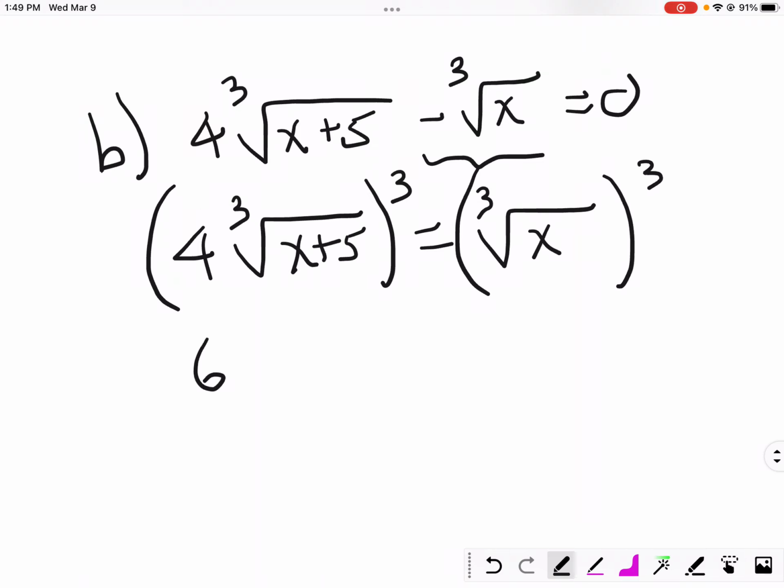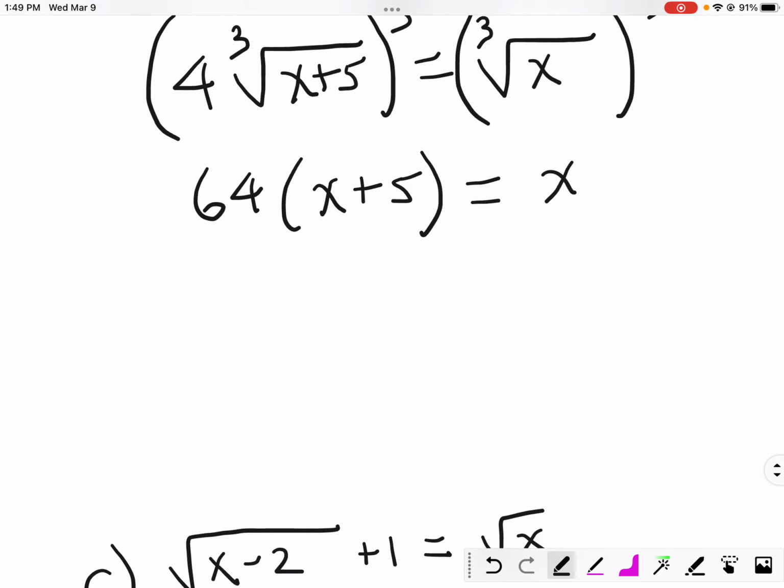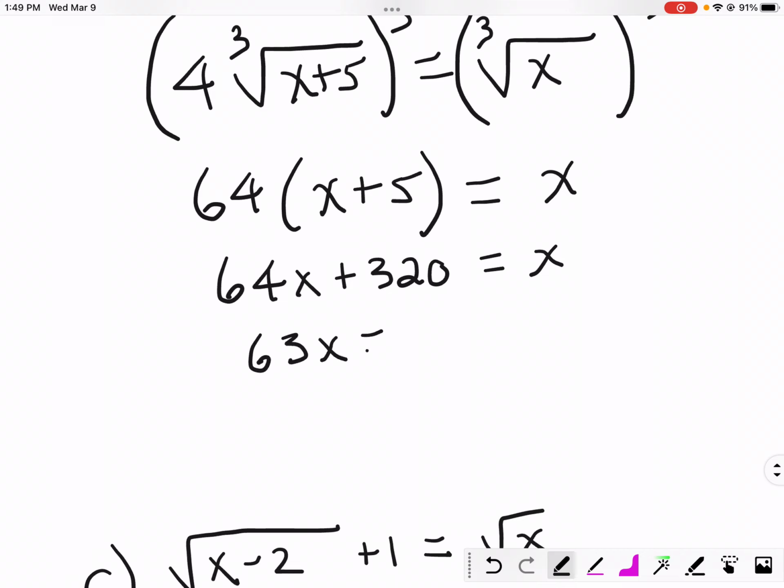And I'm going to get 64, 4 cubed, and then x plus 5 equals x. I'm going to expand. I will subtract x from both sides and subtract 320 from both sides. And then I will divide both sides by 63.